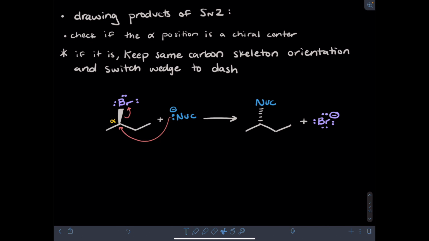To draw the product quickly, because you had a chiral alpha position, you would want to switch the stereochemistry at the alpha position in your product. I could do that by, instead of drawing my nucleophile as a wedge, as the bromine was starting out, I can draw my bond to the nucleophile as a dash instead. Switching from a wedge to a dash indicates that there has been a change in stereochemistry due to this SN2 reaction.